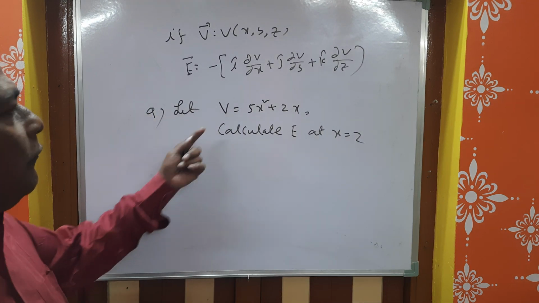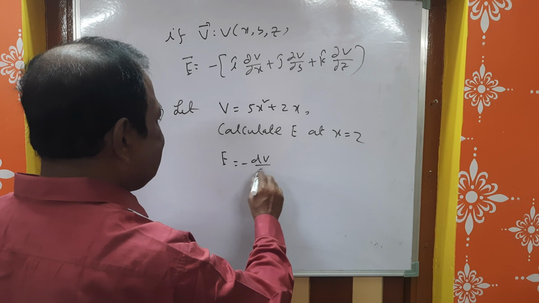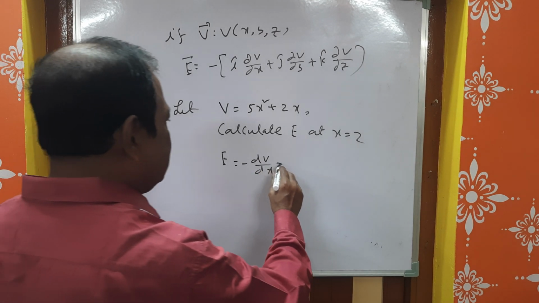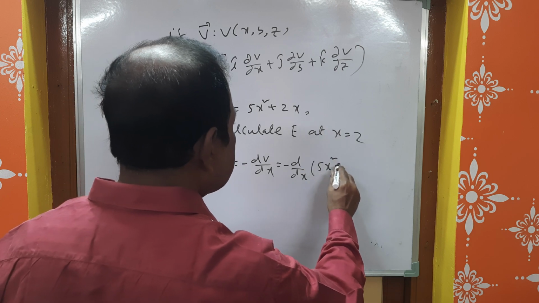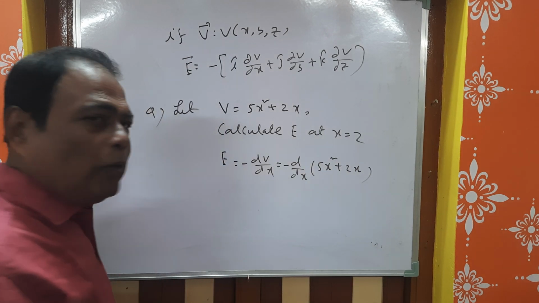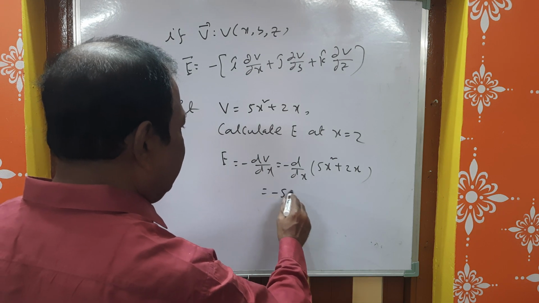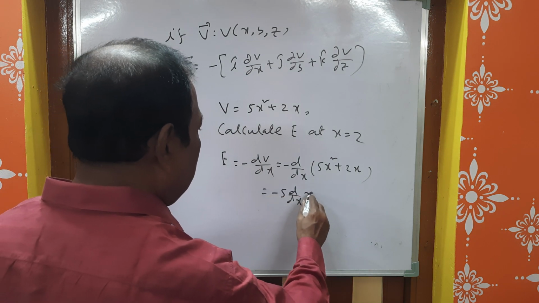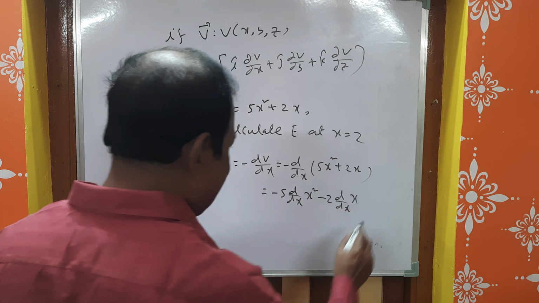How to solve? You know V is this. E is equal to minus dV by dx. That is minus d by dx of 5x square plus 2x. That is minus 5 d by dx of x square minus 2 d by dx of x.